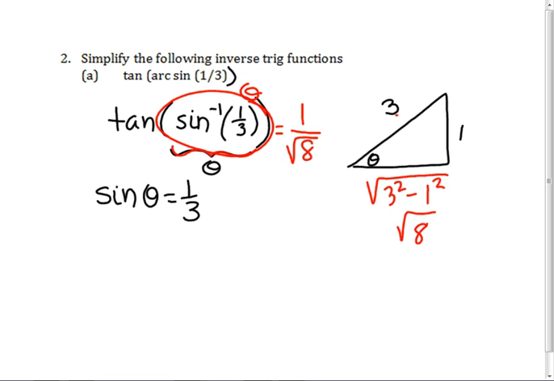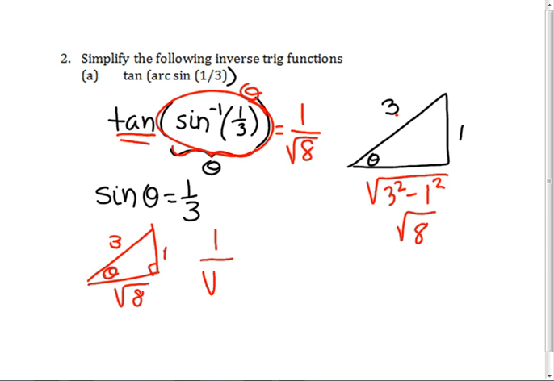That's theta. Well, then let's rewrite that. The sine of theta is 1/3. So here's theta. That's 1. That's 3 by Pythagorean theorem. What's this going to be? The square root of? Because I want to find the tangent now of my angle. What's the tangent of my angle?